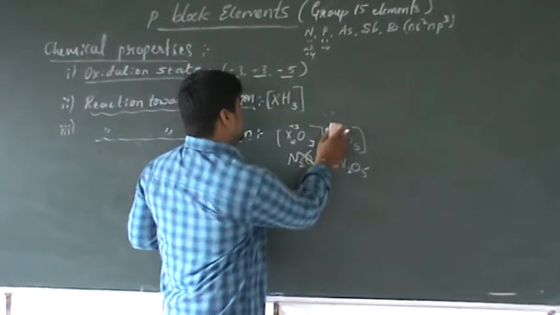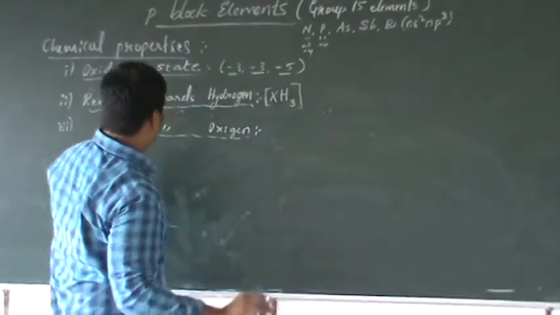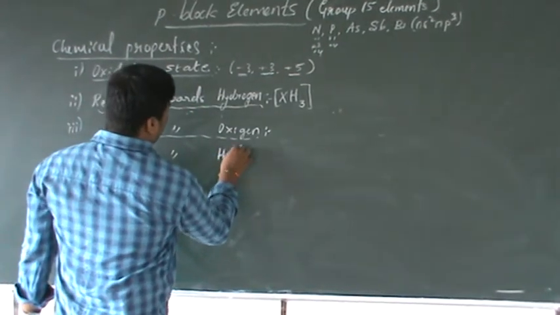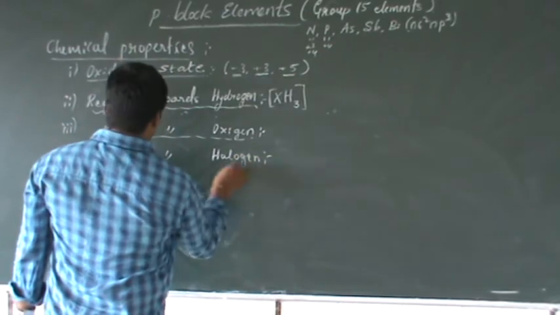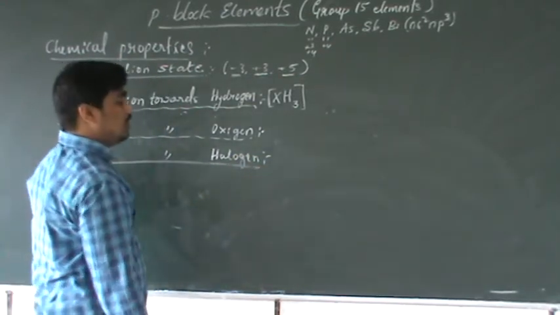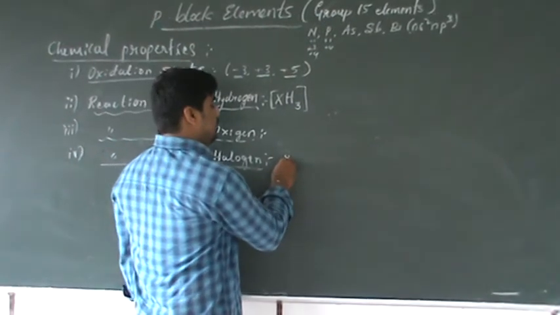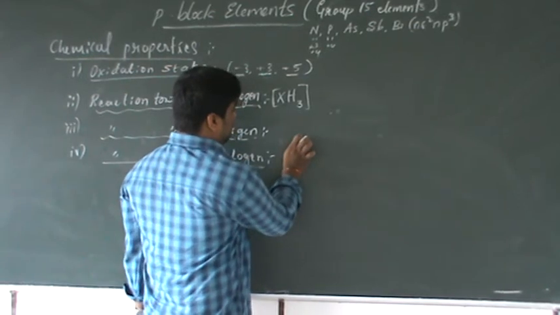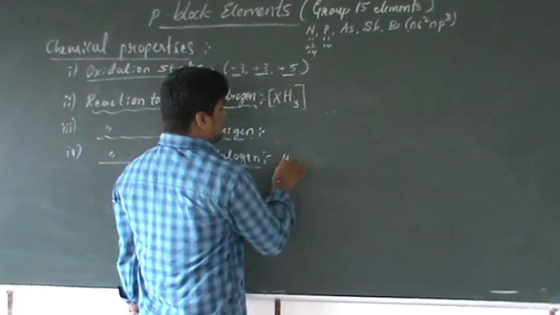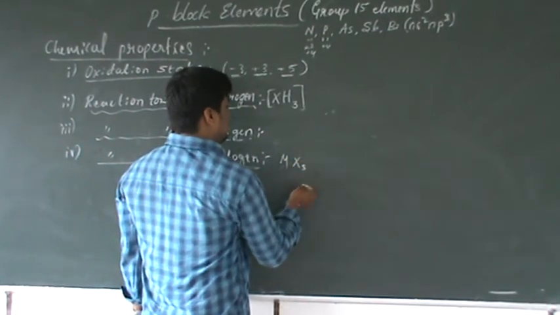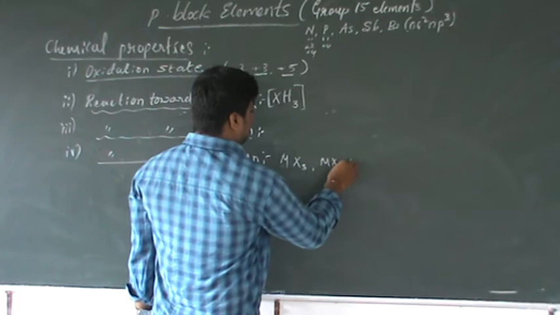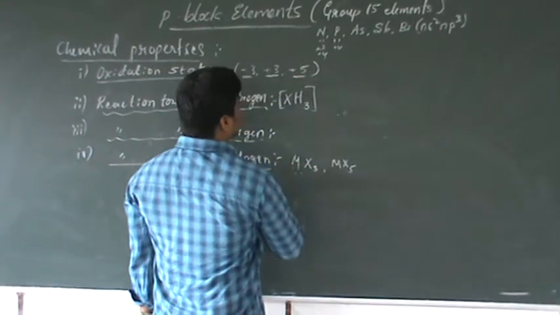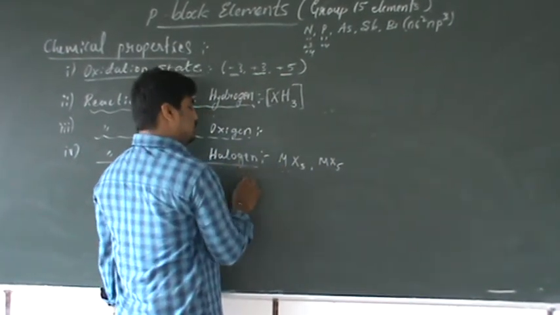Okay. Next we move on to the reactivity towards halogens. What happens when group 15 elements react with halogens? Now consider a different case. Group 15 elements form MX3 and MX5, as there are two possible oxidation states. Halogen always shows -1.